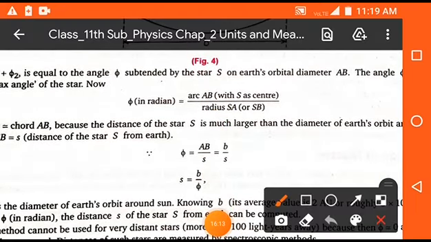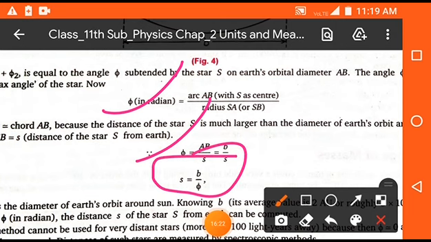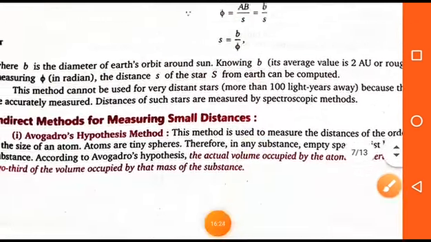Here we use the formula phi is equal to arc AB upon radius S. So we can say that phi is equal to AB upon S. This is the required formula. Clear? Okay, students.